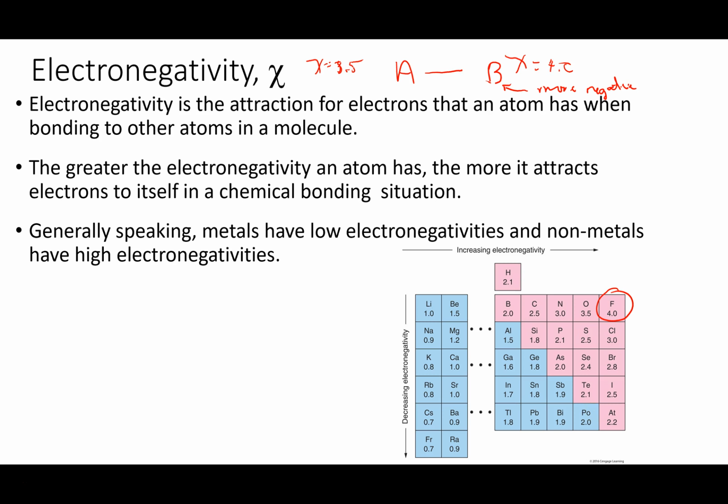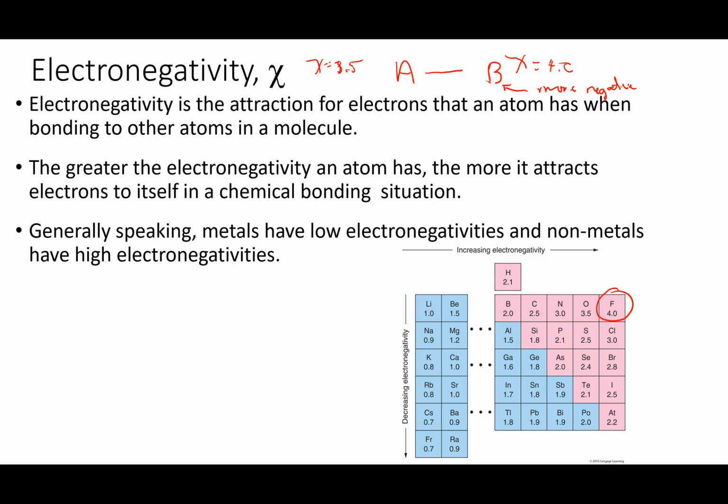I know they're kind of small for you to see, but the scientist Linus Pauling actually established these electronegativity values, and he got a Nobel Prize in chemistry for it. So sometimes these are called Pauling values. Notice the trend in electronegativity.